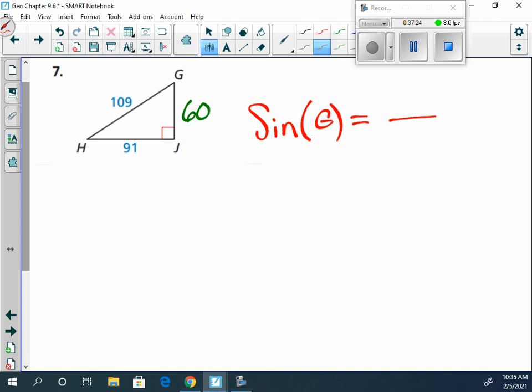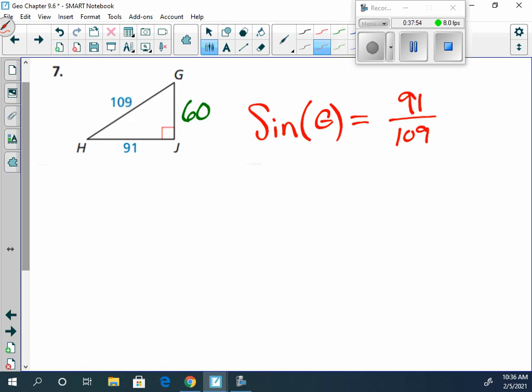Our opposite side length would be what? Opposite side length to 91? Almost. Man, it's almost feeling like it's a Friday.